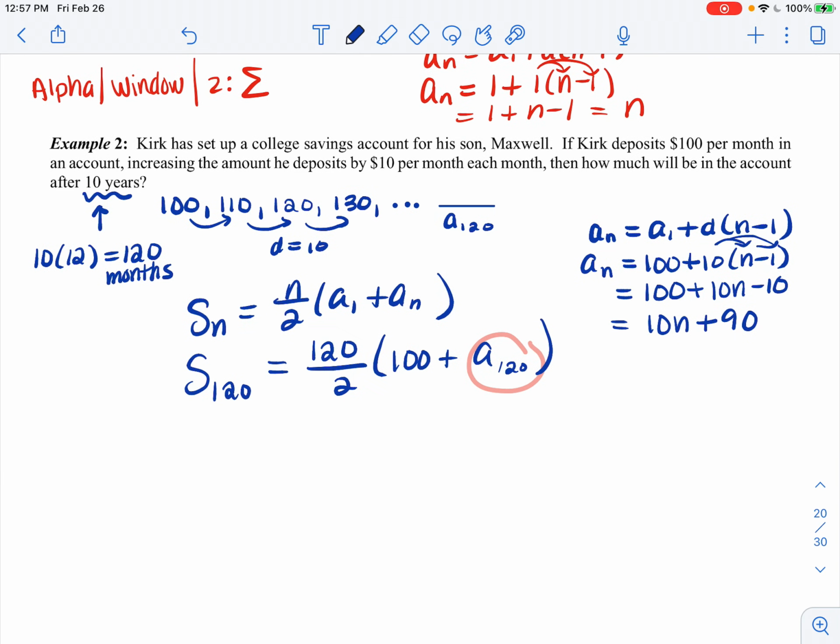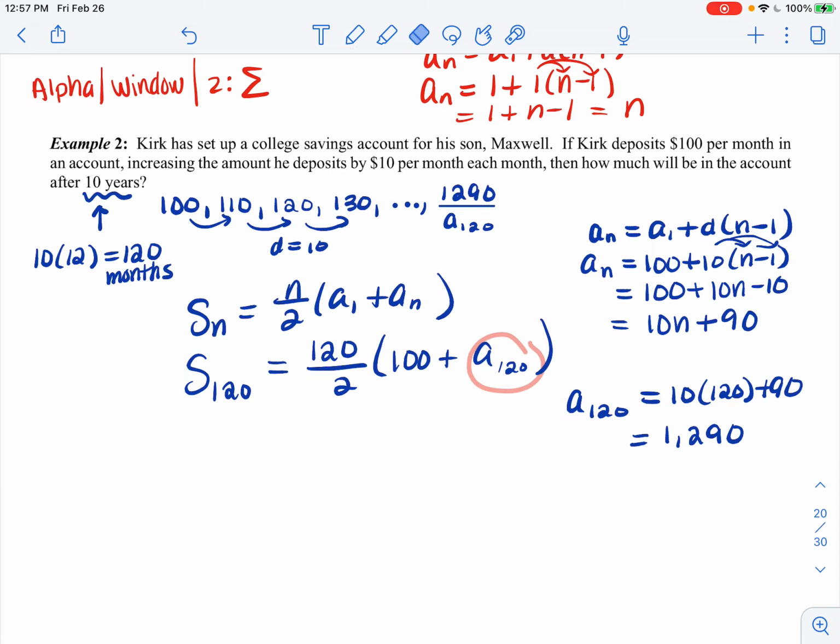Okay, so now I know I need the 120th term. So 10 times 120 plus 90, that should give me 1,290. Okay, so that's what would be deposited on that at the end of the 10th year, which is really at the end of the 120th month.